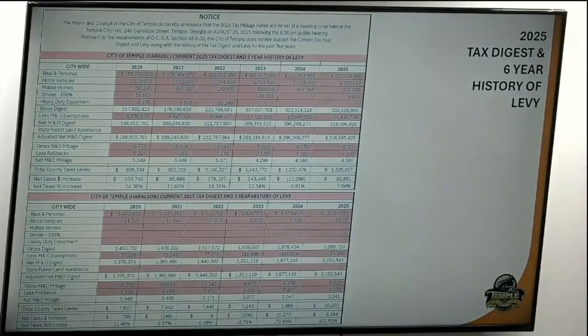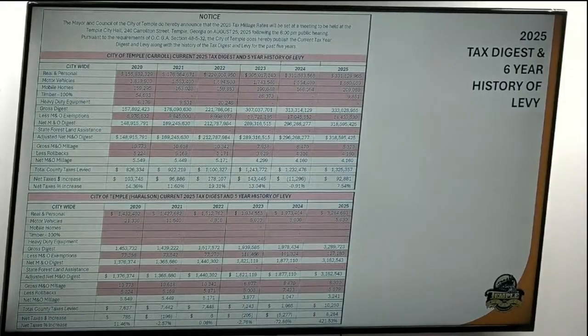On this slide, this is our notice and 5-year tax digest history of levy. As you can see, we are proposing to maintain the same millage rate for Carroll County as the previous years, which is 4.16 mills.